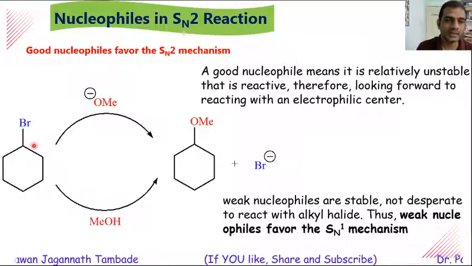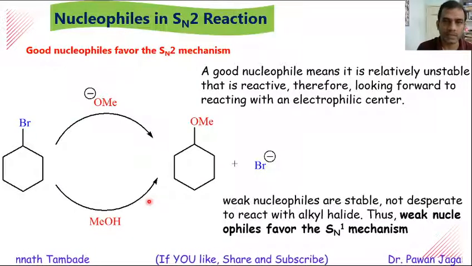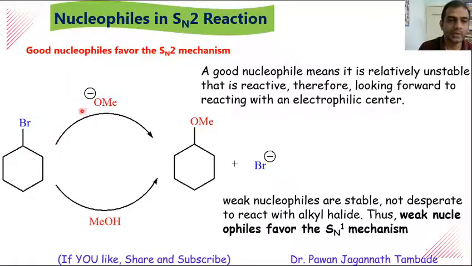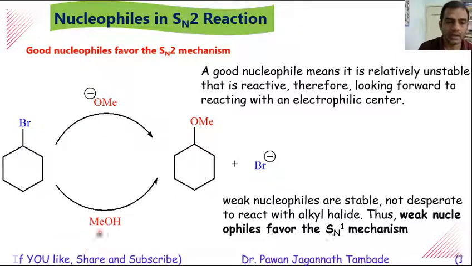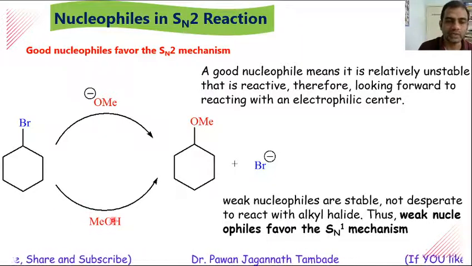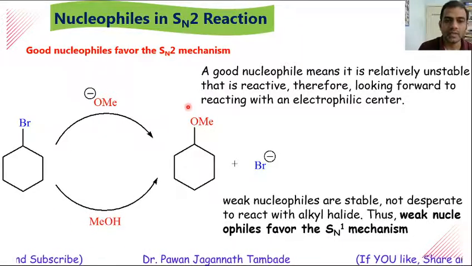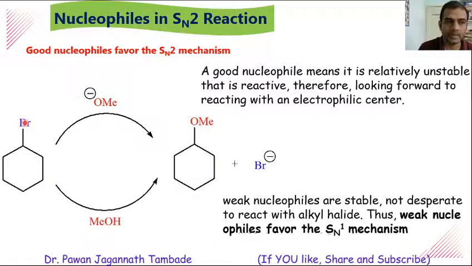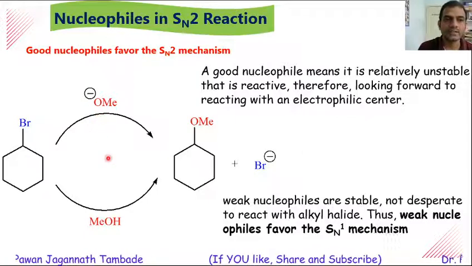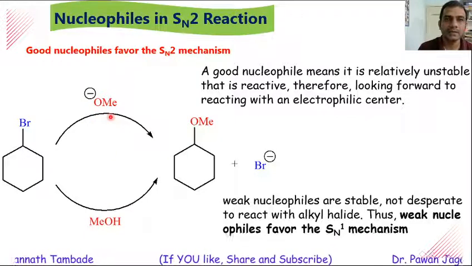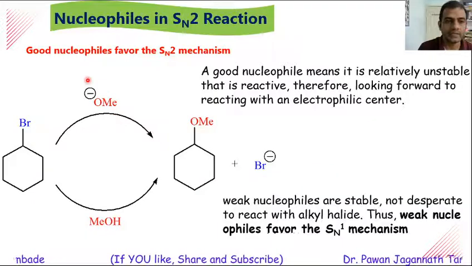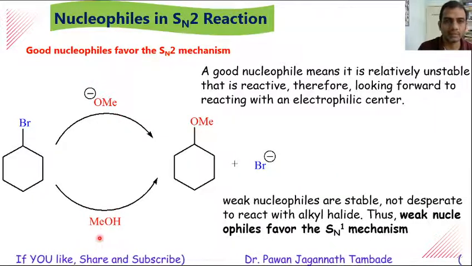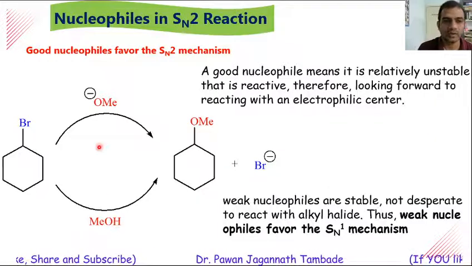So look at this example to understand this particular concept. Suppose this alkyl halide is allowed to react with methoxide anion, and in the second case it is allowed to react with methanol. In both cases we are expecting this particular product, and Br is a leaving group. The only difference in these two reactions is the nature of the nucleophile. In the first case, methoxide anion is acting as a nucleophile, and in the second case, methanol is acting as a nucleophile.